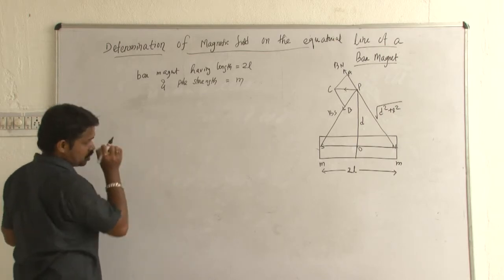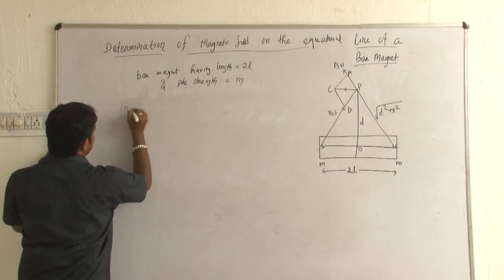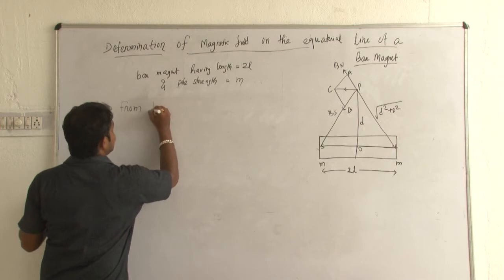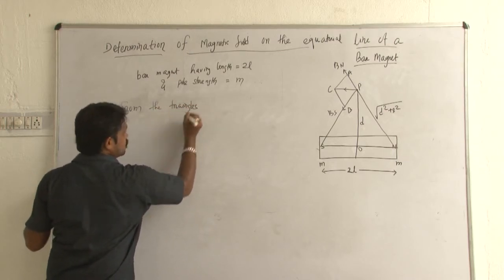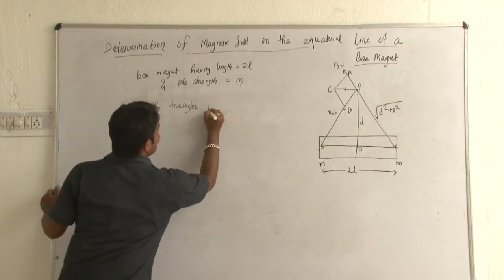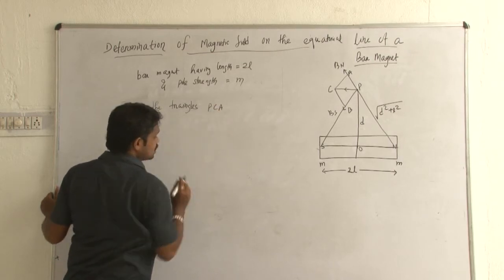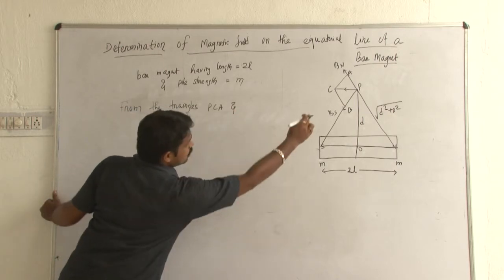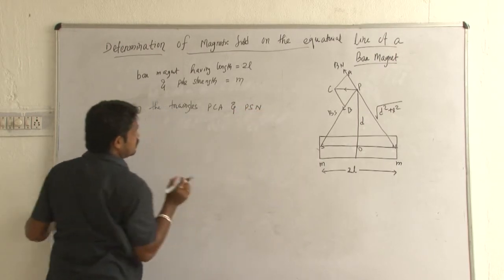Look very carefully. Okay, so in this figure, which triangles? Look at the triangles. One is your PCA triangle. From the triangles PCA and PSN, let us take these two triangles.